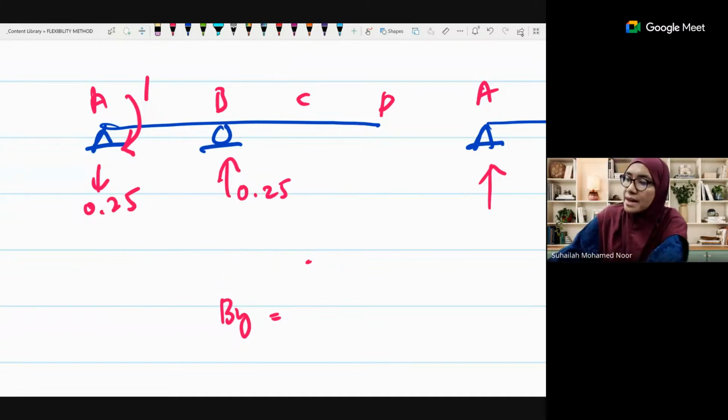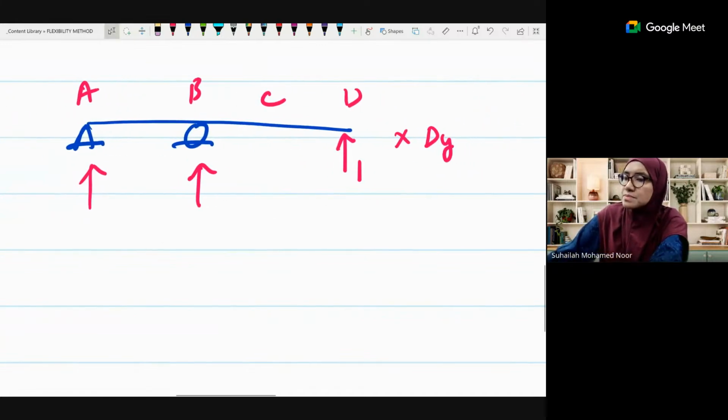Okay, so the redundant diagram is simple, just like this. Okay, this one is settled, move to the next one.